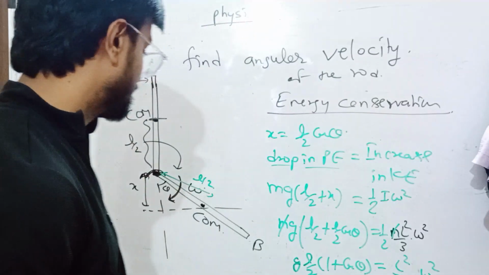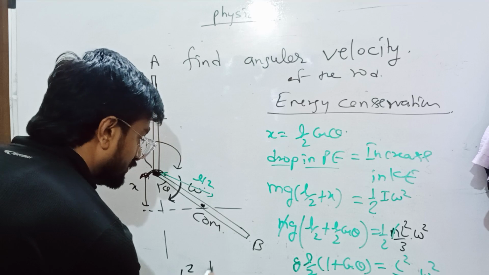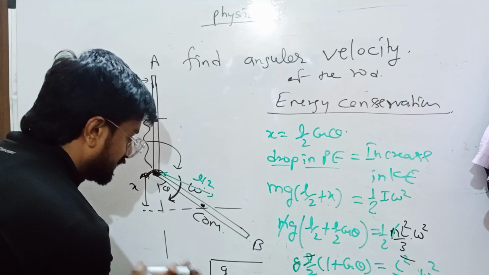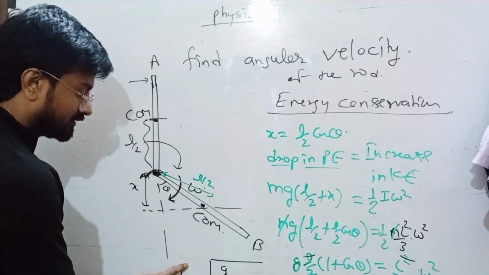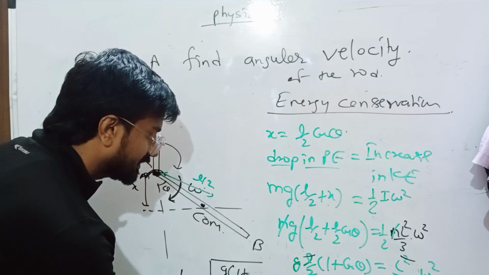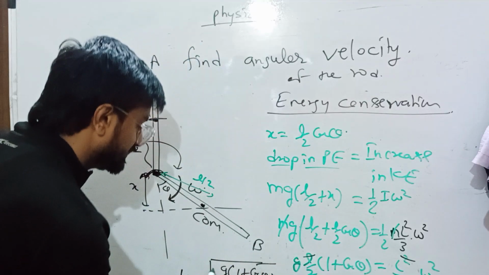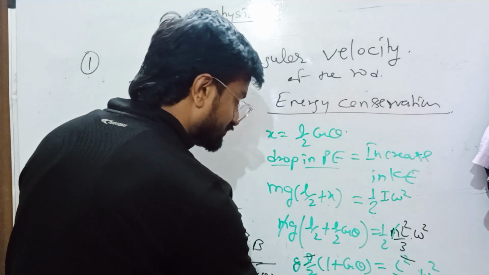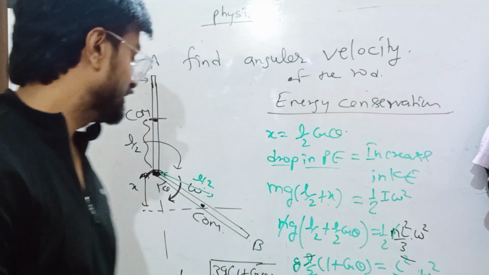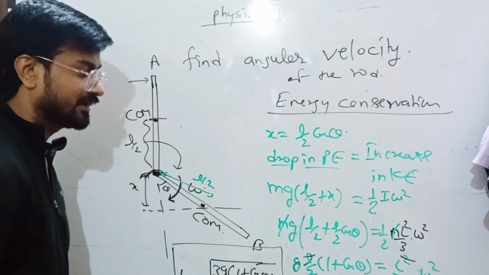Now L will get cancelled out with L. Omega square is g multiplied by (1 plus cos theta) divided by L, and this 3 will come to this side, so 3g(1 plus cos theta) upon L will be our answer. So our final omega can be written as under root of 3g(1 plus cos theta) upon L.